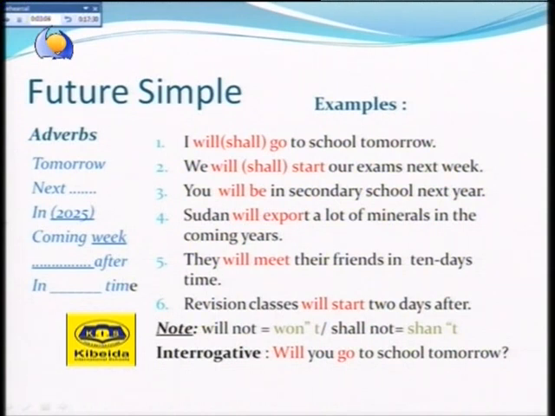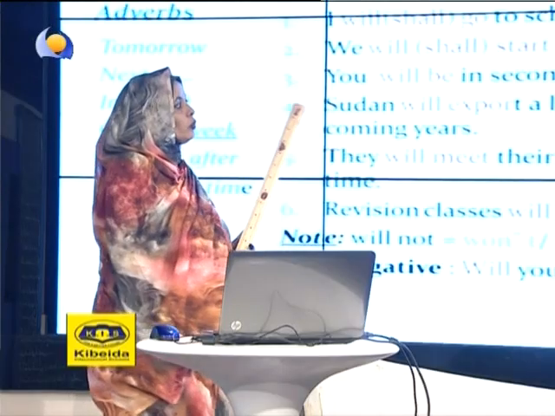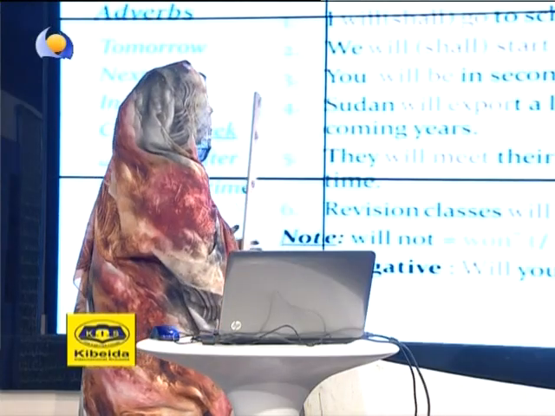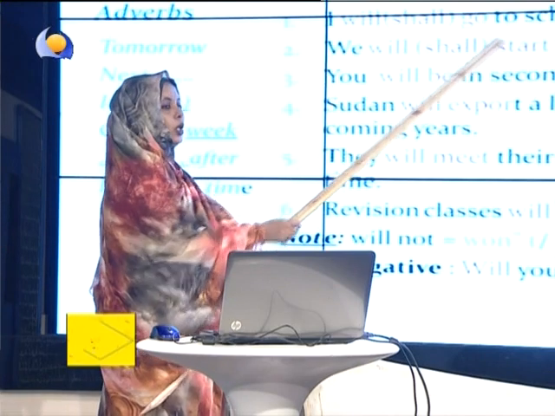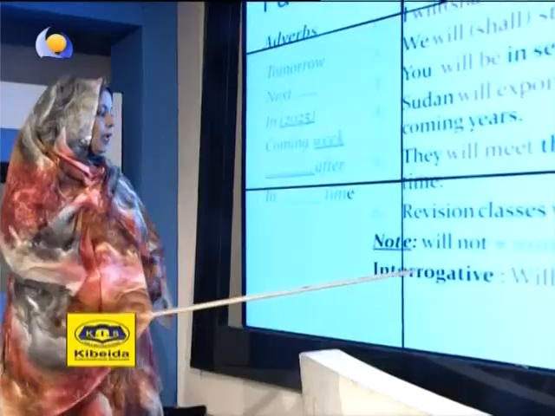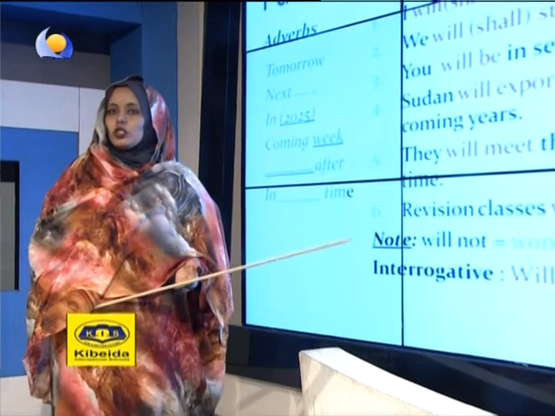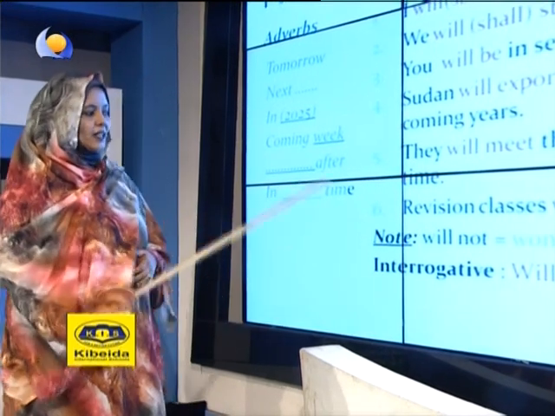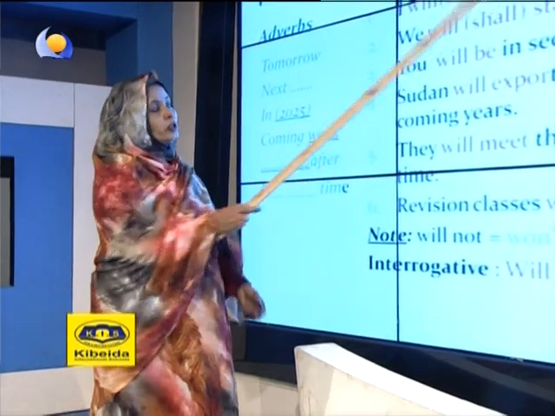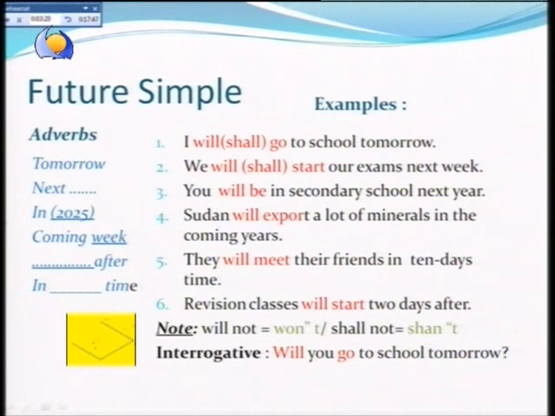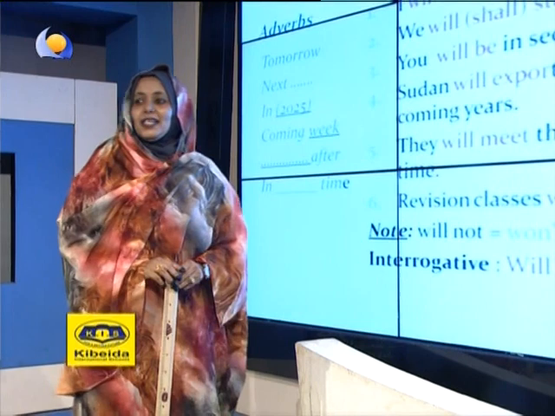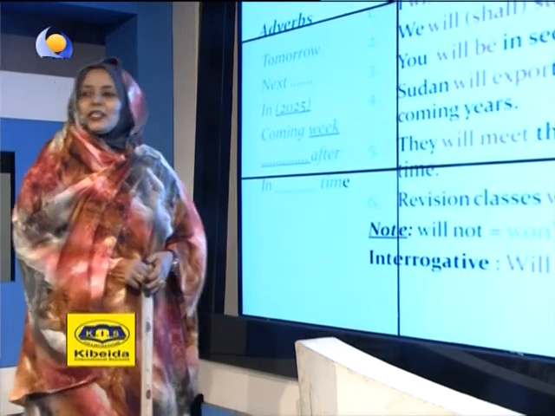If you use shall, you say I shall go to school tomorrow. To make it negative, you say I shan't go to school tomorrow. If I want to make it interrogative, just put the helping verb first. Will you go to school tomorrow? I doubt it during these coronavirus situations, but let us hope.